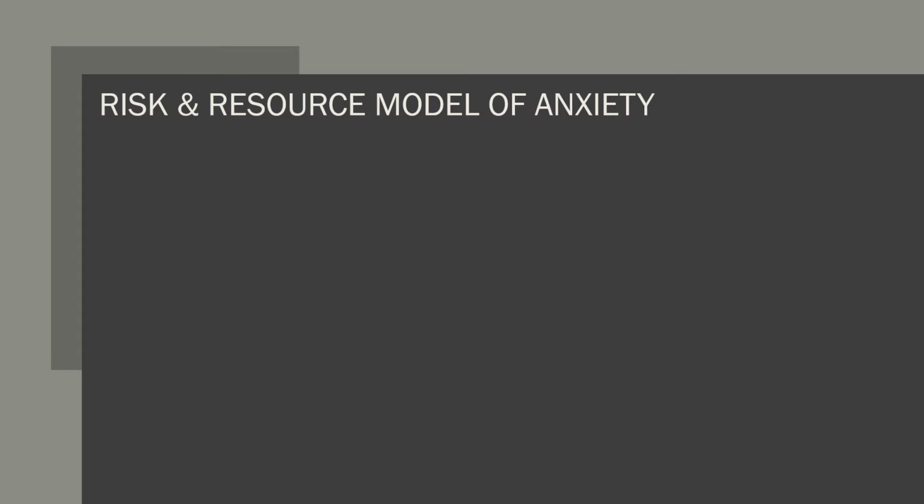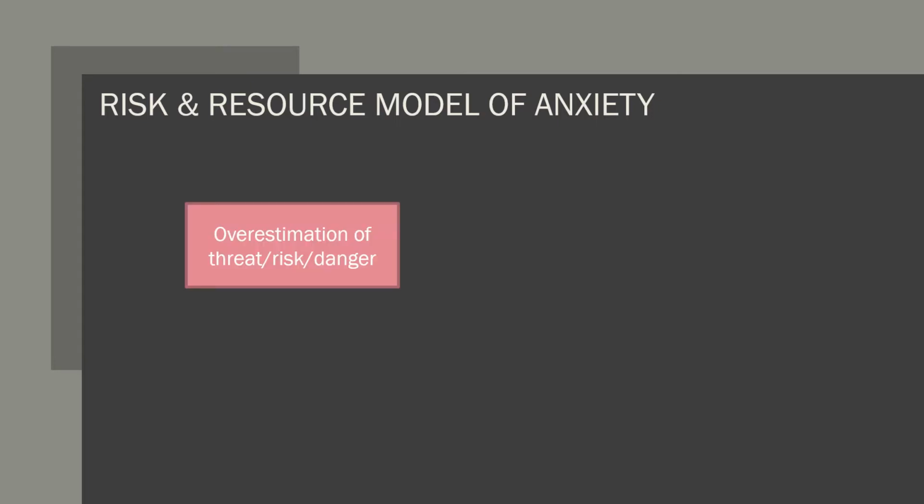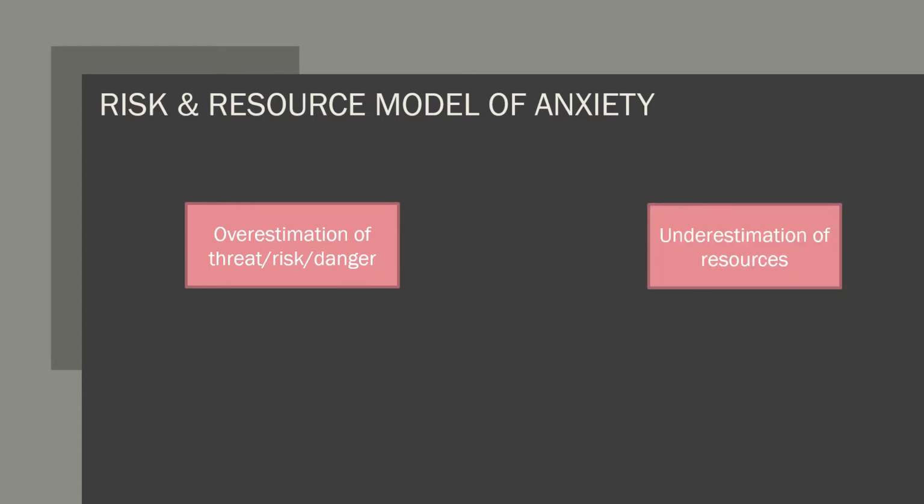So the cognitive conceptualization of anxiety disorder is based on the risk and resource model, because people with anxiety have the tendency to always overestimate the level of threat or risk or danger that they encounter. And at the same time, they underestimate the resources, their ability to cope with the situations.